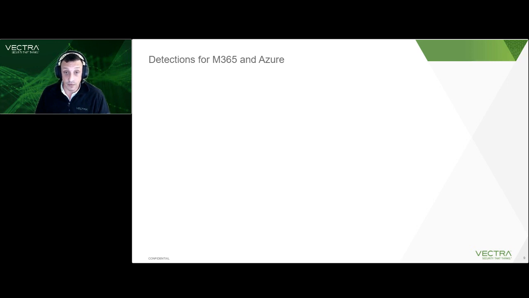Now, detections within Vectra are the basis of incidents and indicate the potential occurrence of malicious or suspicious activity in an environment. So detections are typically part of a broader attack and provide clues about an incident. So we're going to look at a list shortly, and we can see that we have multiple detections.